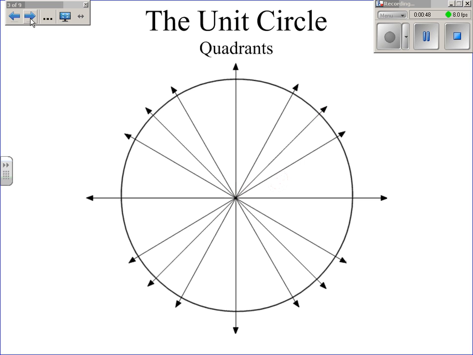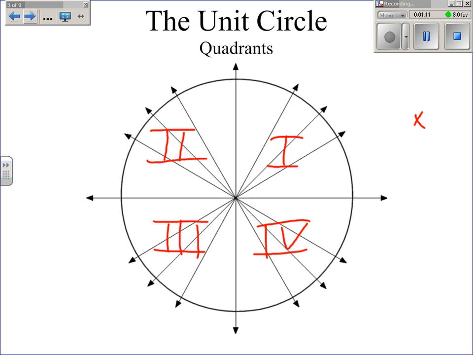Because the circle is centered at the origin, it's cut into 4 pieces with 1 in each quadrant. Recall that x and y change sign depending on which quadrant the point is in. Both are positive in the first quadrant.